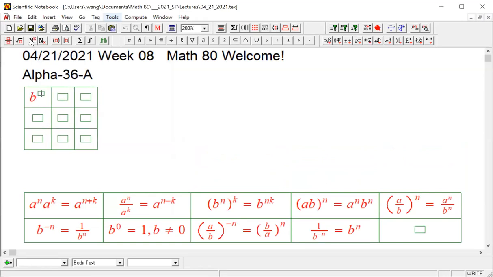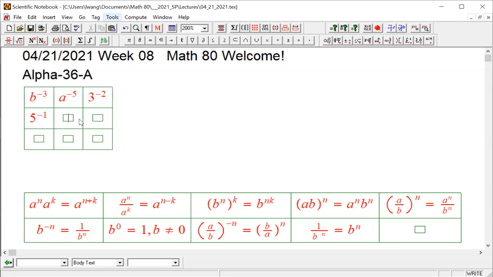So b to the power -3 and a raised to the power -5. These are directly using these properties. 3 to the power -2. In the result, we don't want to have negative exponents anymore. So we want to get rid of the negative exponents.